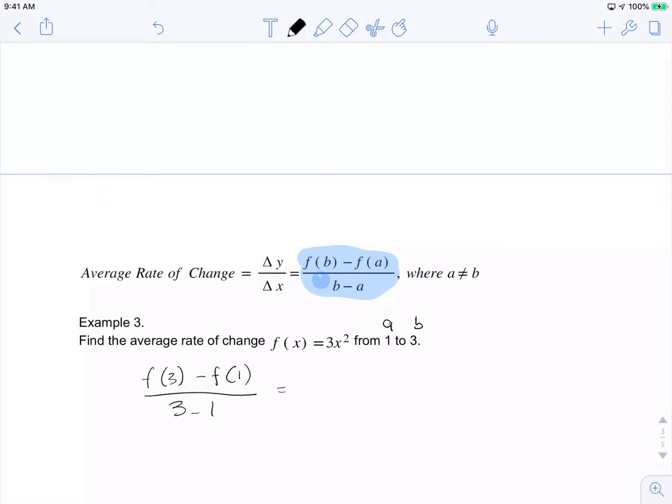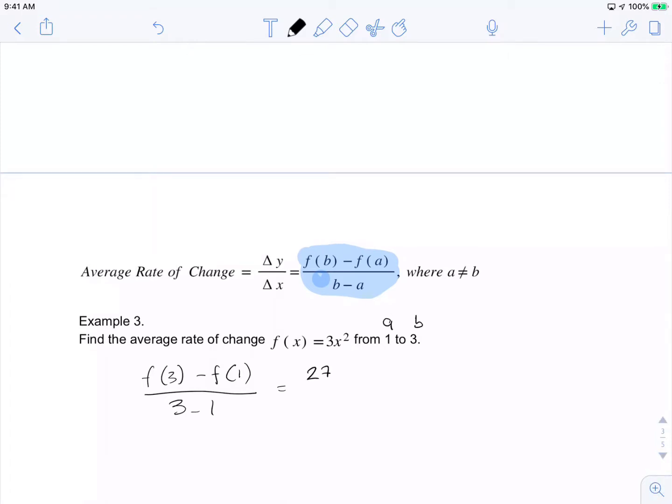Well, f of 3 is going to be 3 squared times 3, which will give us 27. F of 1 is going to be 1 squared times 3, which is going to give us 3, all over 2. And so we're going to end up with 24 over 2, which gives us an average rate of change of 12.